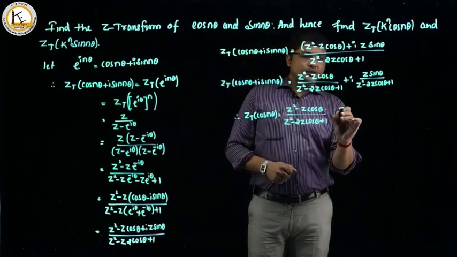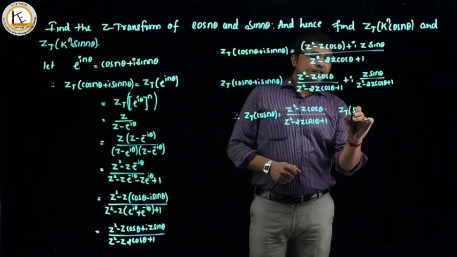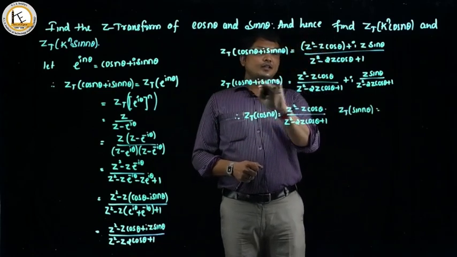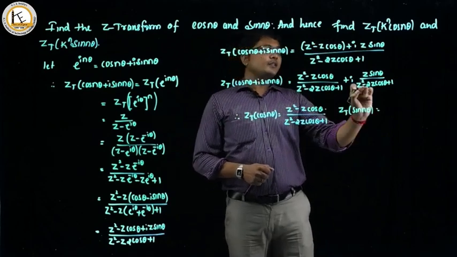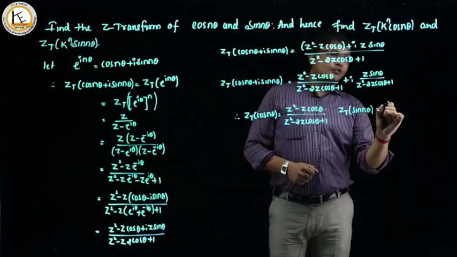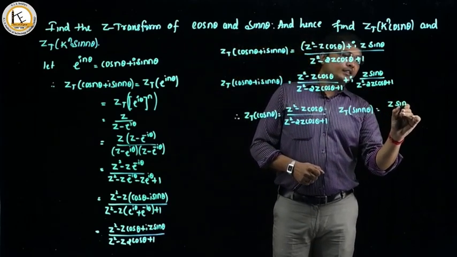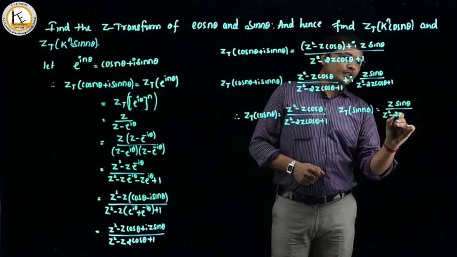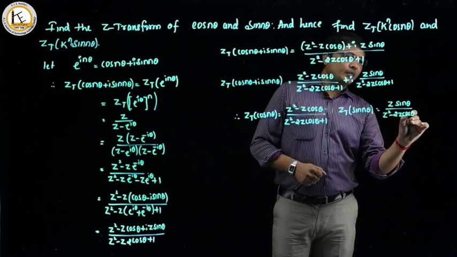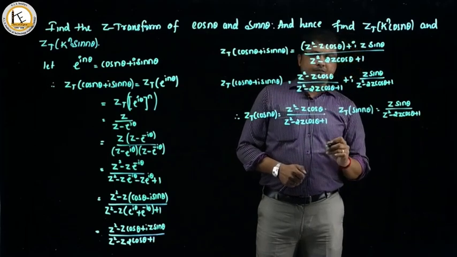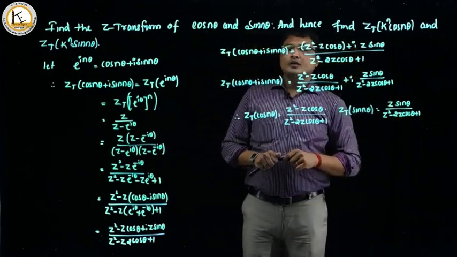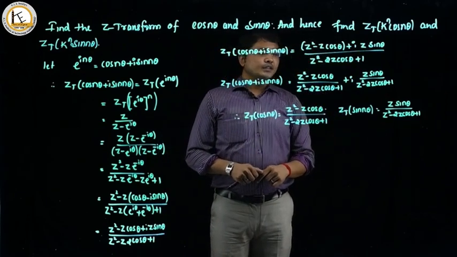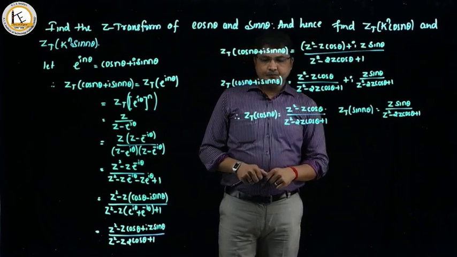And also the z transform of sin n theta is equal to, equating real part with real part, imaginary with imaginary part, z into sin theta divided by z square minus 2z cos theta plus 1, and hence we have the z transform of cos n theta as well as sin n theta.